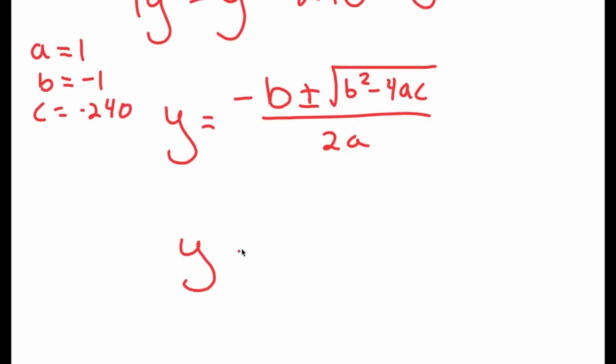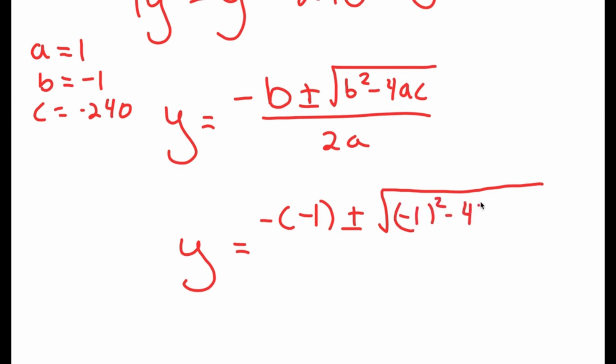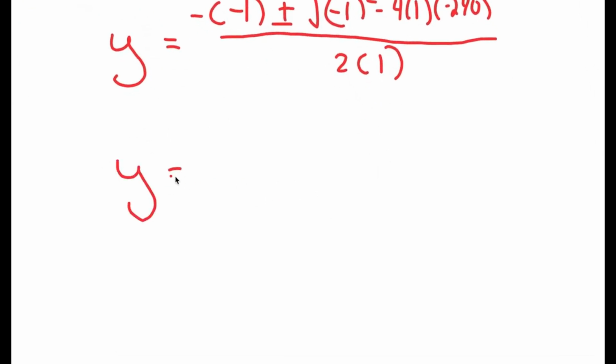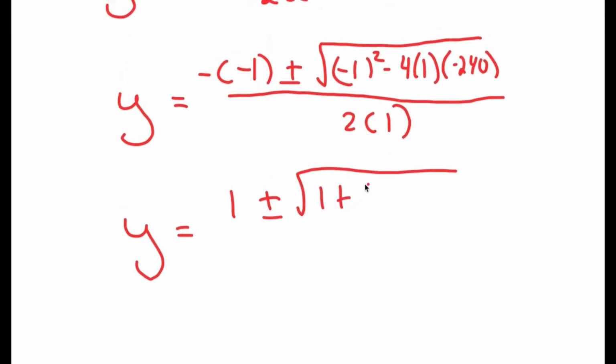So I get y is equal to negative of negative 1 plus or minus the square root of negative 1 squared minus 4 times 1 times negative 240 all over 2a, so 2 times 1. And this simplifies to 1 plus or minus the square root of 1 plus 960 over 2.